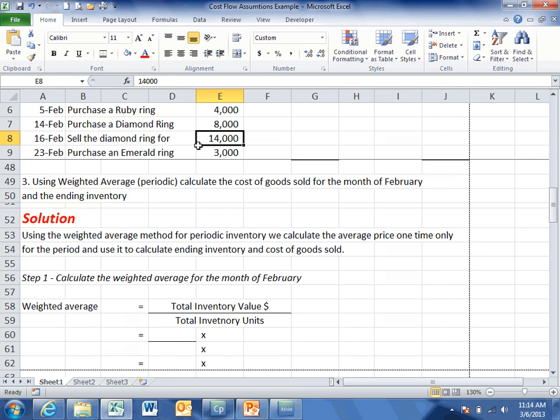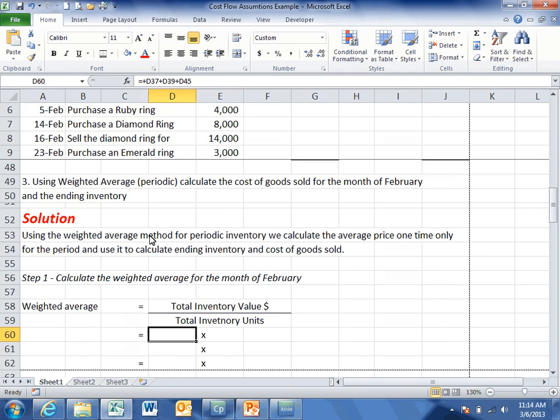Average cost, or the weighted average cost, is a function of the total inventory value over the total inventory units. Total inventory value is typically your opening inventory plus all of your purchases for the month. In this case, there was no opening inventory, so our total inventory value is the purchase on February 5th, the purchase on February 14th, and the purchase on February 23rd.